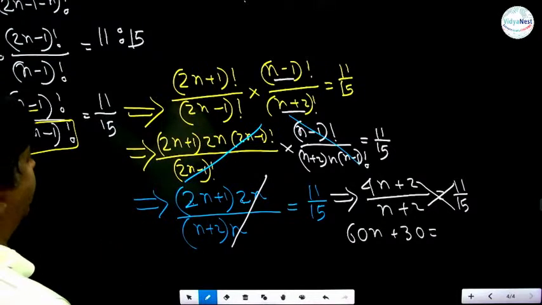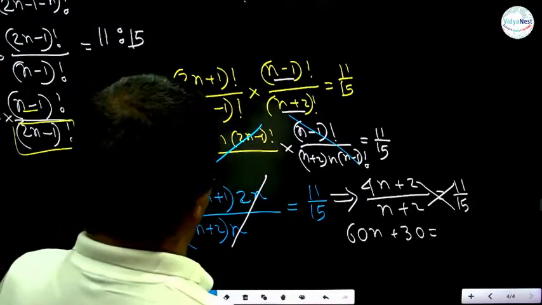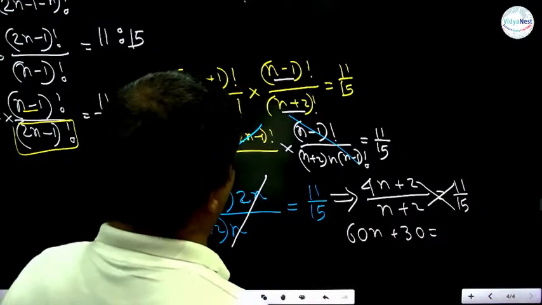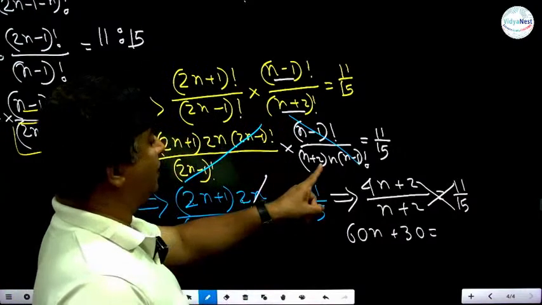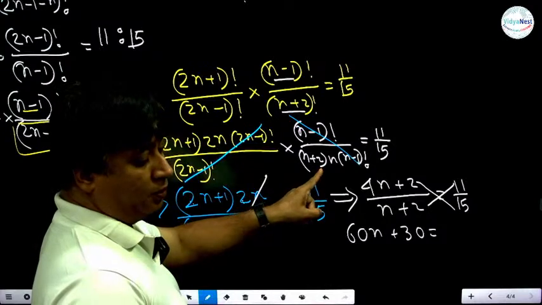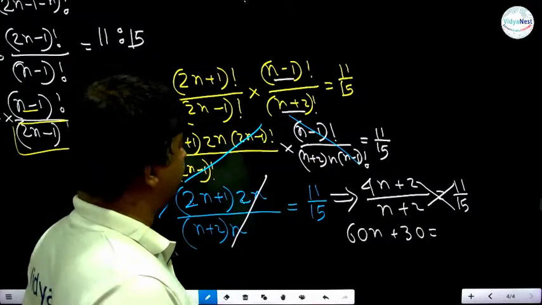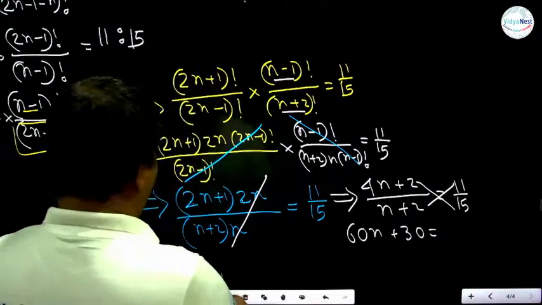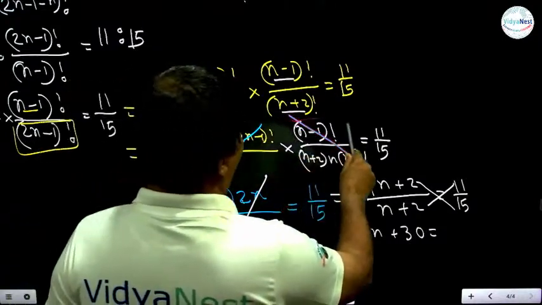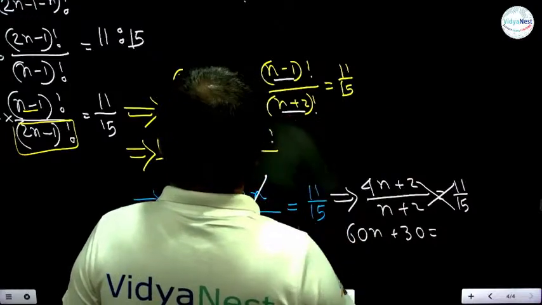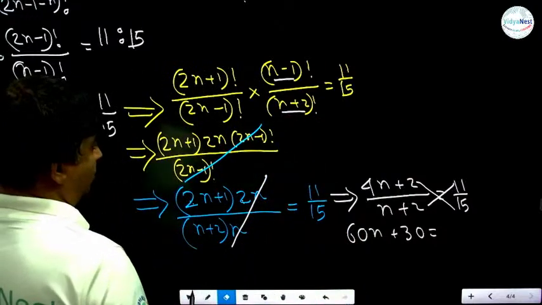And here I think there is some mistake of mine. What mistake? Have you observed? After n plus 2, I forgot to write n plus 1. Yes or no? Yes, sir. So there is a mistake. So you must be aware that this type of mistake should not take place.